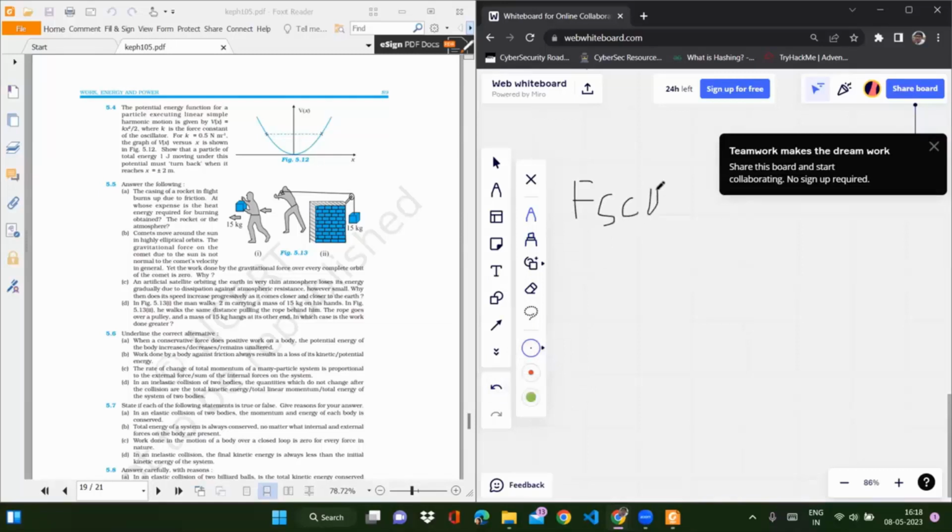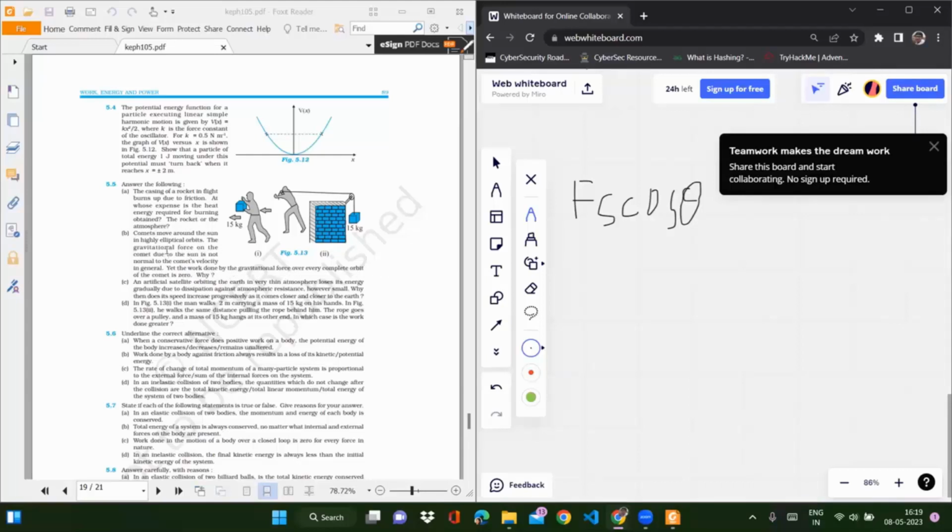So for it to be zero, if the force is not zero and the displacement is not zero, cos theta must be zero and theta must be 90 degrees. If it had been perpendicular, then it would have been zero. But it is said that even if it is not normal to the displacement of the comet, the work done for the complete orbit comes out to be zero.